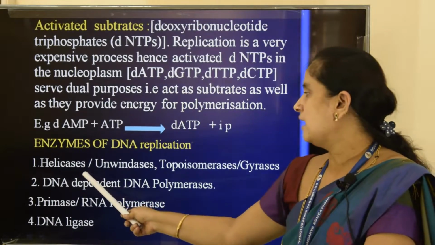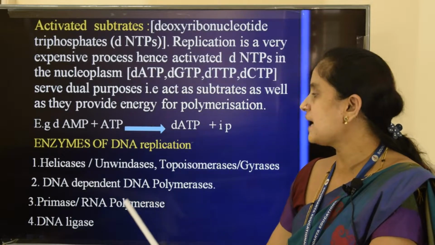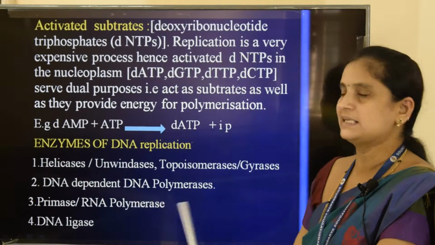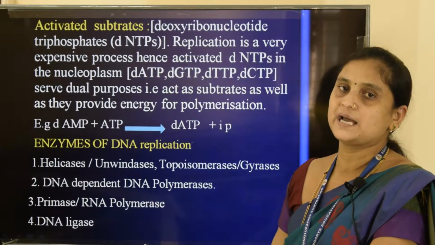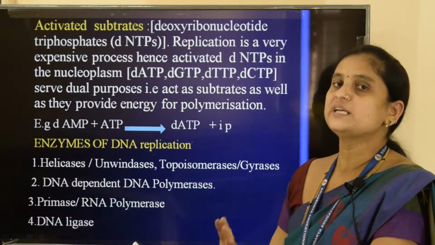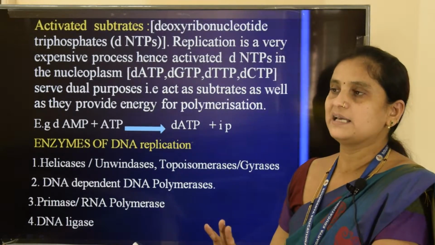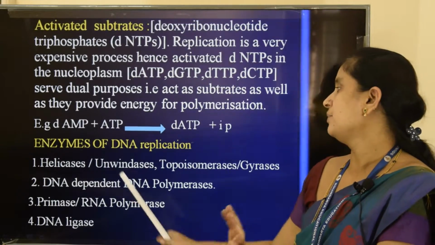You need to list them in this way. There is a certain group of enzymes, actually not 1 or 2 enzymes, but groups of enzymes. Once again we are going to discuss in detail with an example for each. Let me first list out all these enzymes, as there are 4 types. You need to list them in the same way, then only you will get full marks, because each carries half a mark.